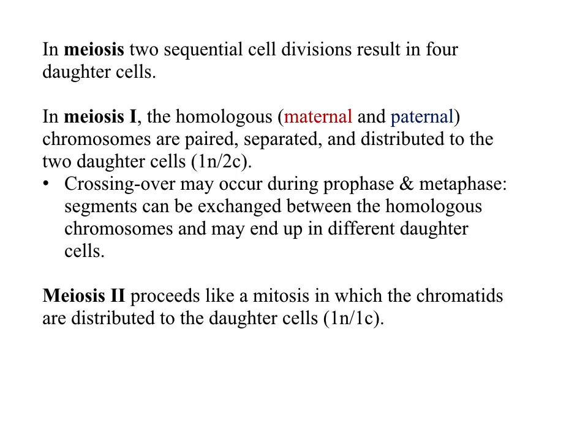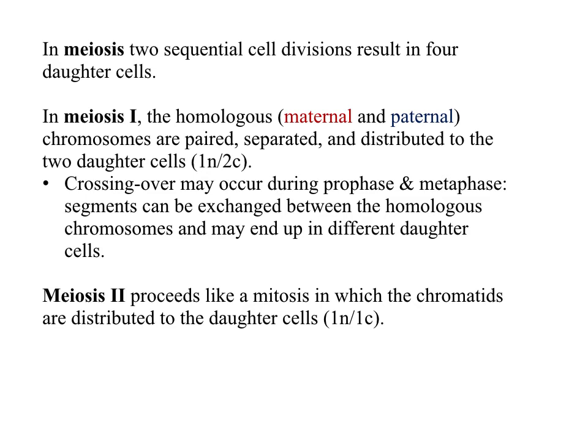In meiosis, we have two sequential cell divisions that result in 4 daughter cells. In meiosis 1, the homologous maternal red and paternal blue chromosomes are paired, then they are separated and distributed to the 2 daughter cells, which are now haploid but still have double the DNA content because you have 2 replicated chromatids.